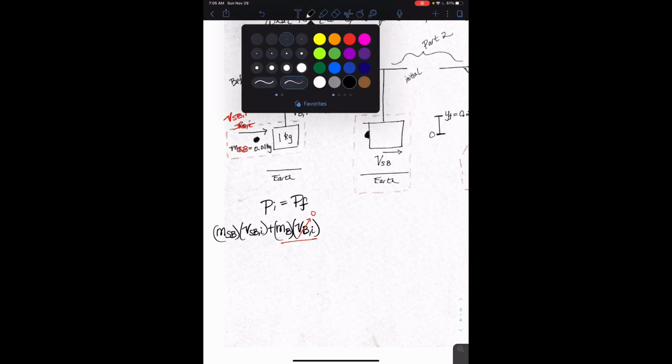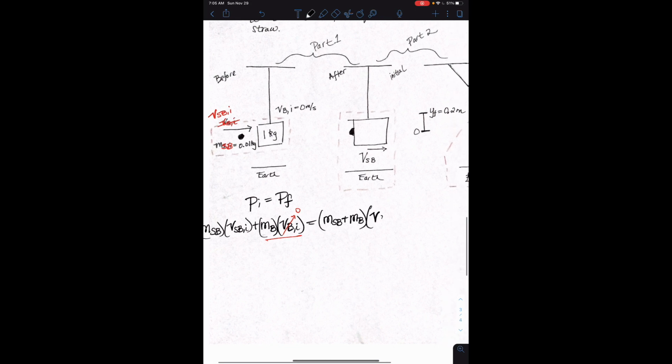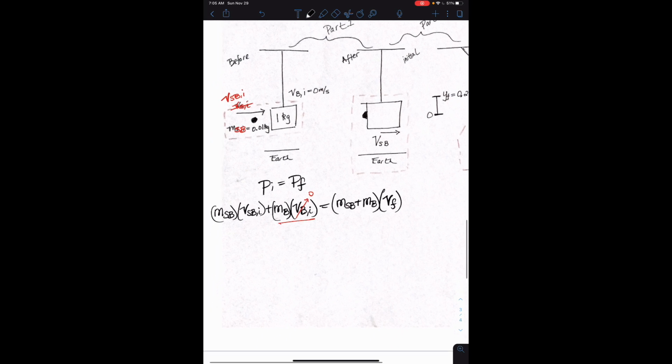Then finally, the masses combine because the spitball sticks to the block, and they move with one final velocity. Let me just call it VF. But we don't know what VF is, and that's a problem.